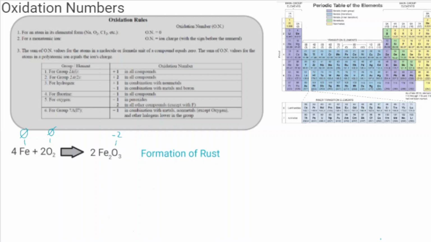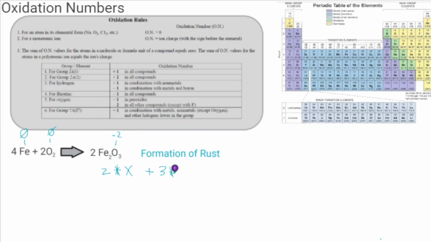And so in this case, we can say that we have 2 irons, and so I'm going to say 2 times our unknown, X, oxidation number for iron, plus 3 of our oxygens at an oxidation number of -2.